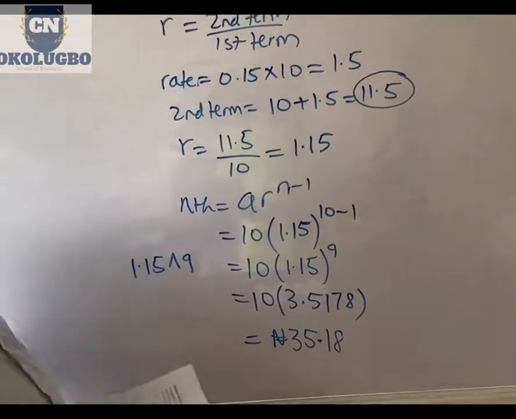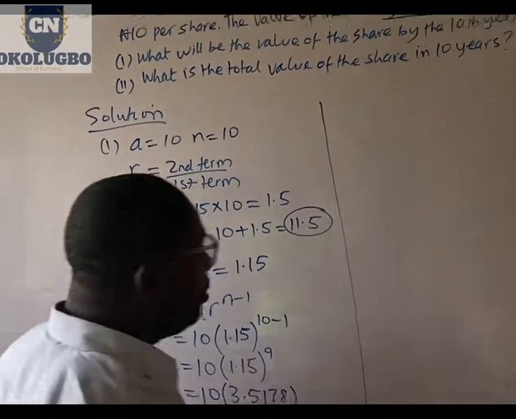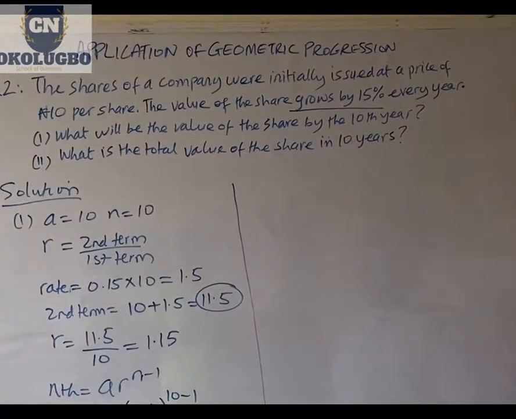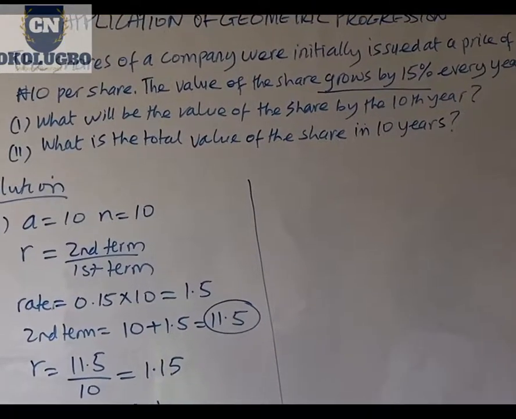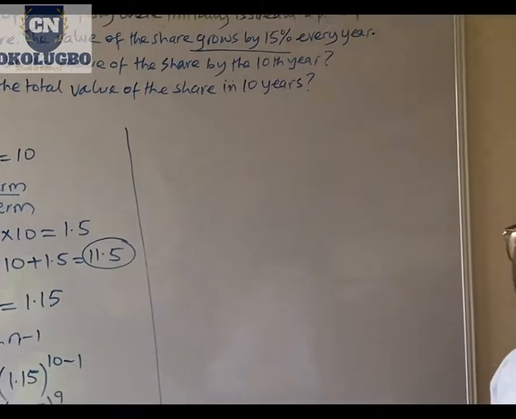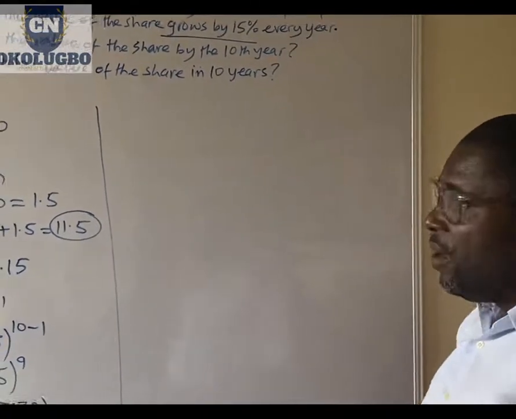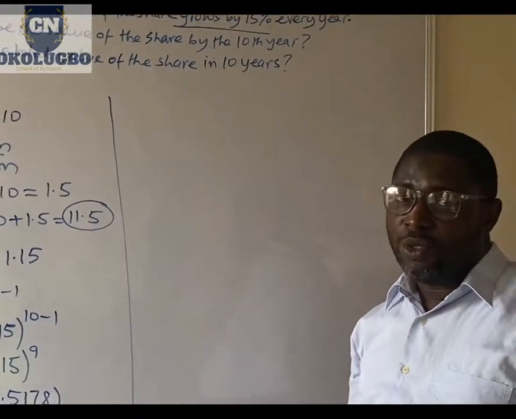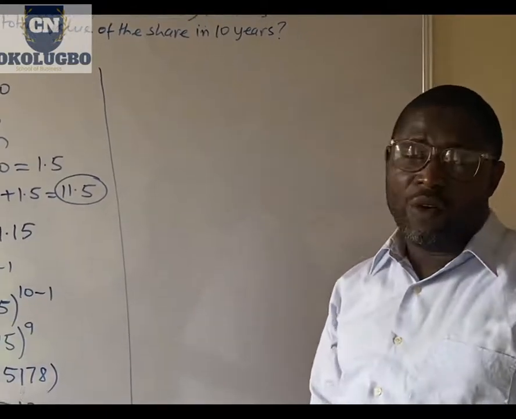But we have a second part of the question, which I'm going to do on this side of the board. We're told, what is the total value of the share in 10 years? In this case, we'll be dealing with solving the case of the sum of a GP. Now, the question is, which of the formulas are we going to use? The formula we're going to use is determined by the value of r.